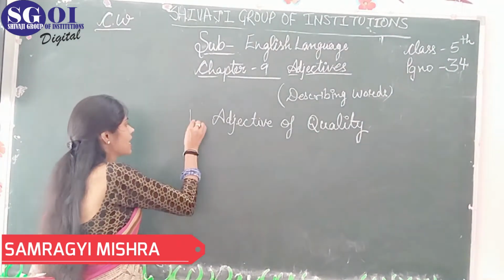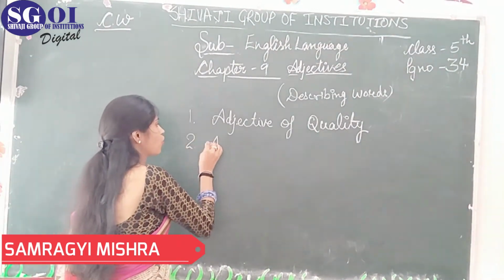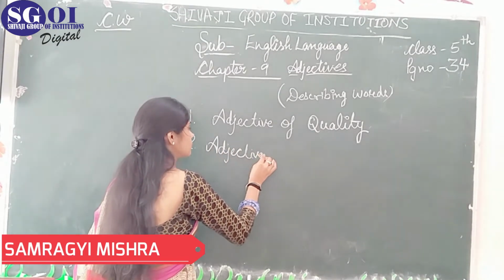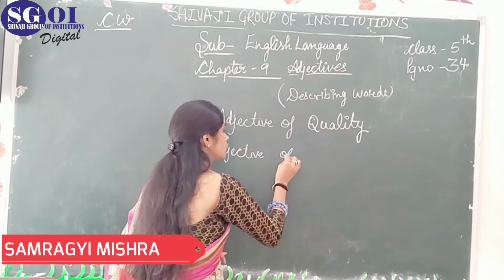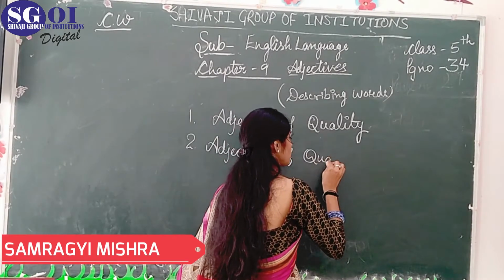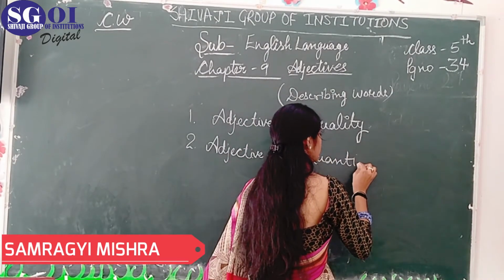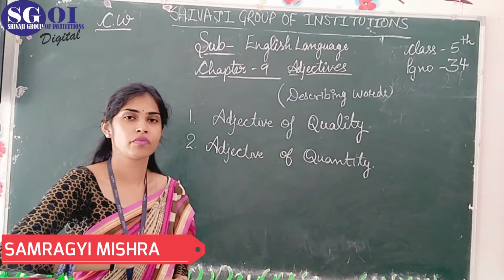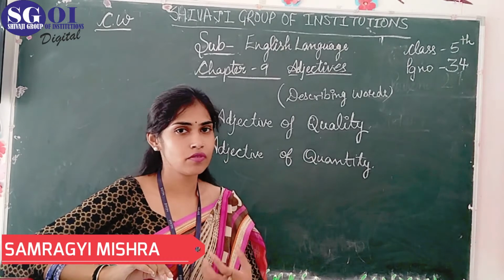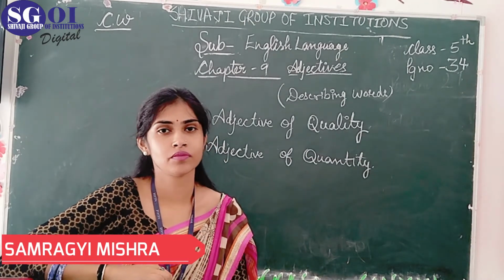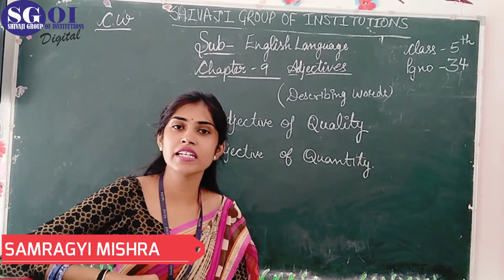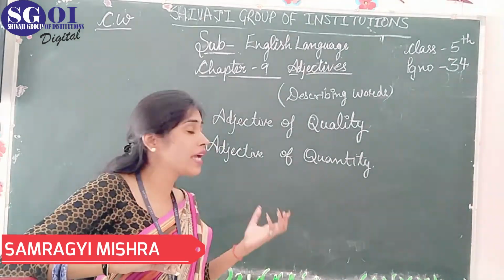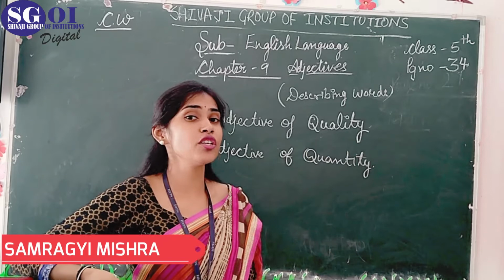Now the second one is adjective of quantity. I have some fruits. I have few friends. These show quantity. How many friends do you have?